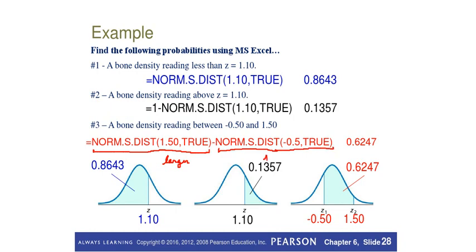So this is our smaller probability. We subtract this away from the larger probability, and we get a total probability of 0.6247. So 62.47% of the population would have a bone density between negative 0.5 and positive 1.50.